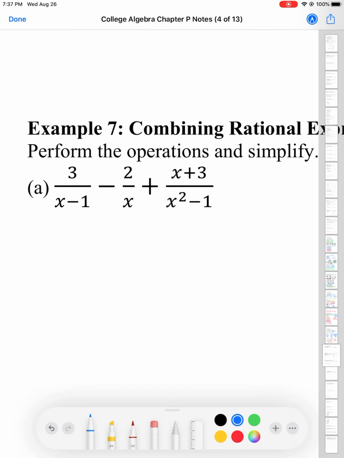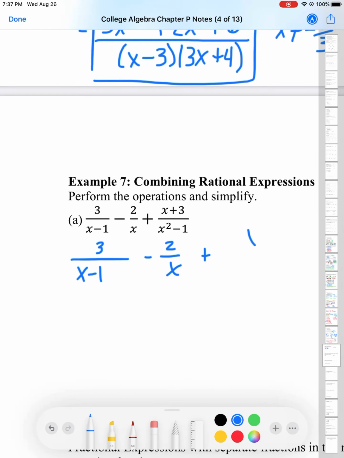Okay, so in example 7, we have 3 fractions. So once we factor this, it becomes 3 over x minus 1 minus 2 over x plus 1 plus x plus 3 over x plus 1 times x minus 1.